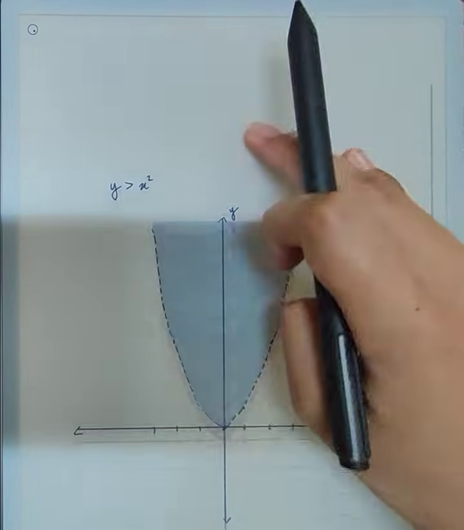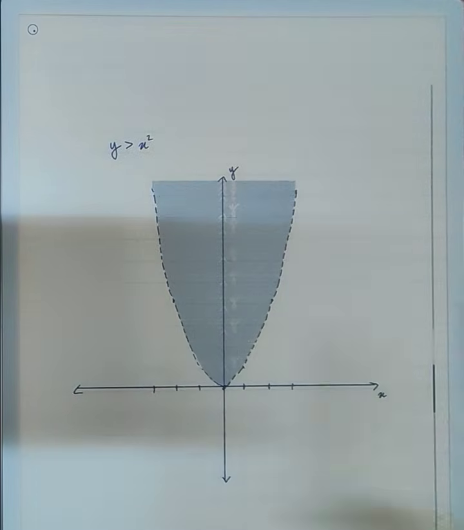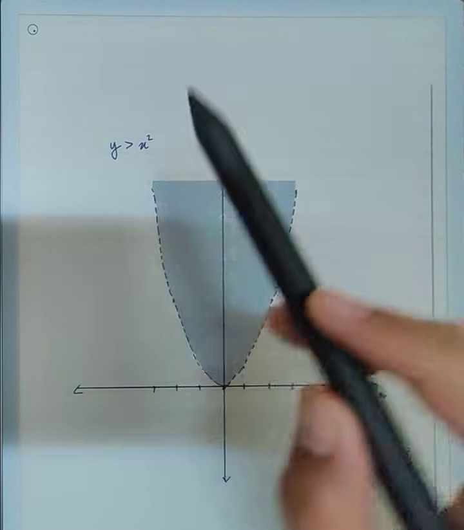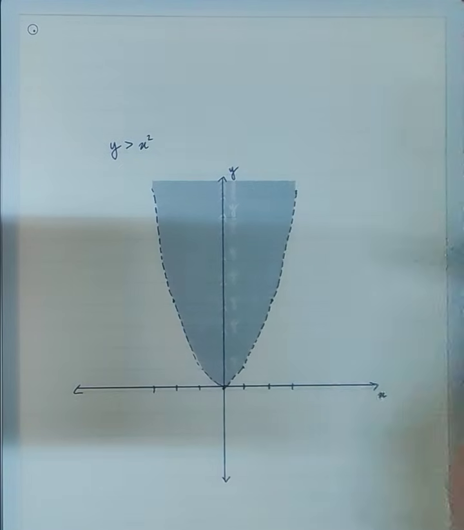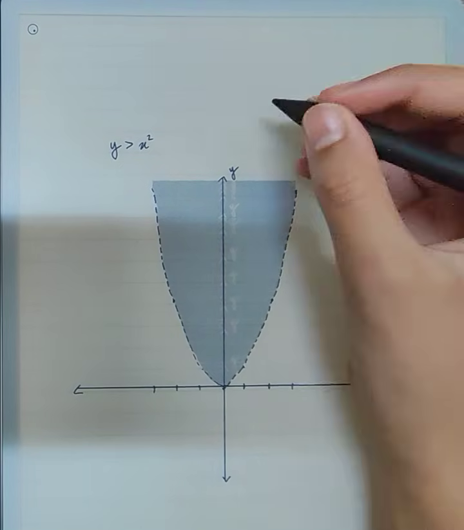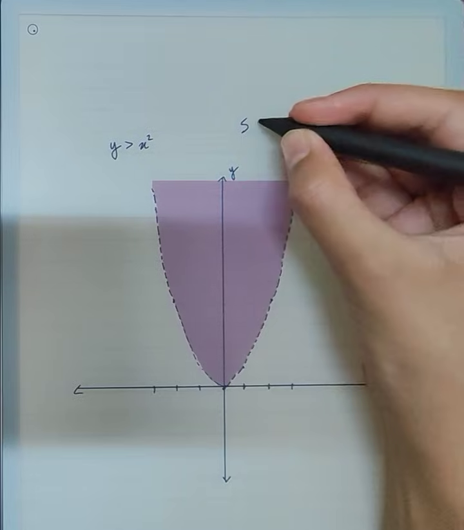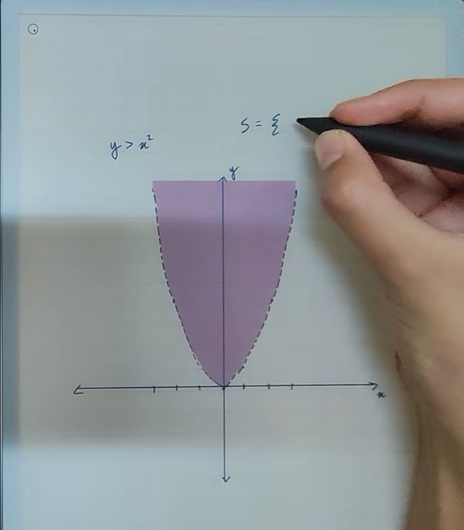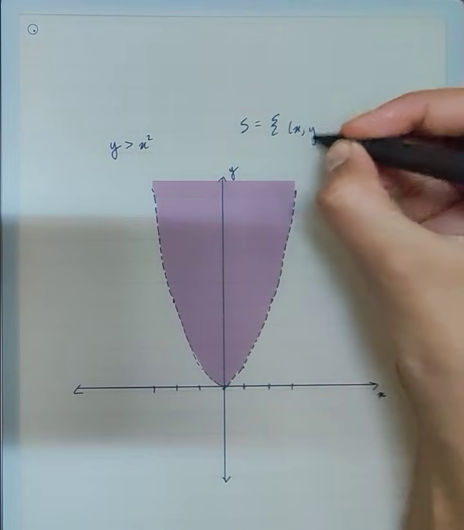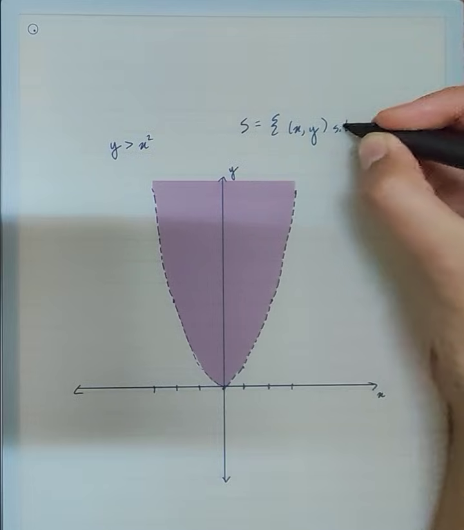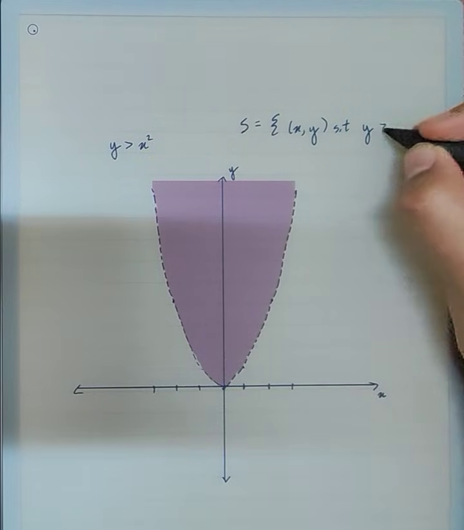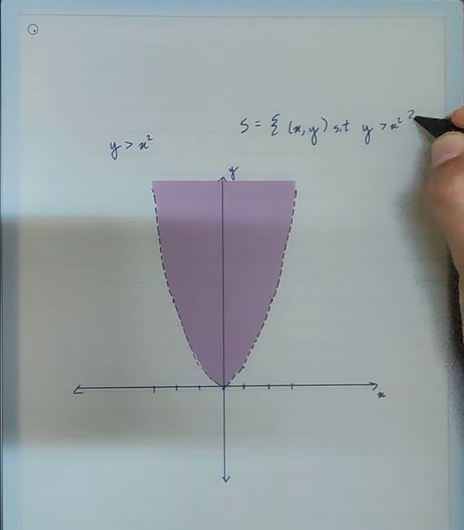So now let's look at a two-dimensional case. Here we have y greater than x squared. So in other words, that is equal to the set S: every single coordinate (x, y) such that y is greater than x squared.